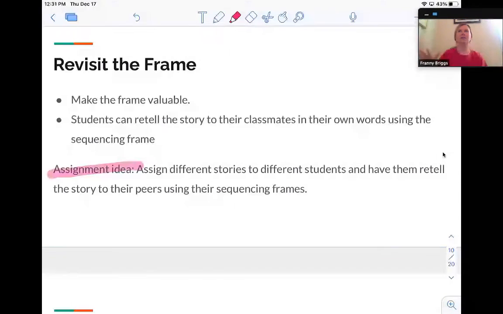So then it's even more meaningful because it's the students' responsibility to explain what happened in this story to their classmates. And so they really need to do a good job with their sequencing frames. Obviously, that would require a bunch of teacher support, making sure that they read and understand and their sequencing frames are good before they share them with their classmates. But it would be a nice kind of project-based group work activity when we're back in the classroom, obviously.